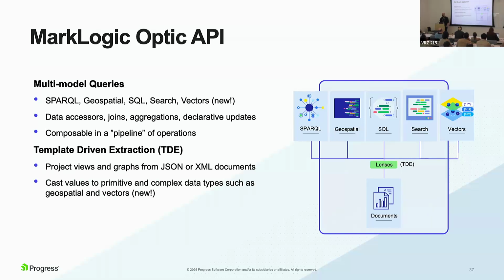Part of this is enabled through a process that we call template-driven extraction. That is a simplified configuration file or template that sits within our schemas that says which parts of documents get projected.